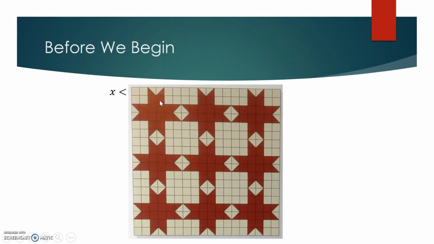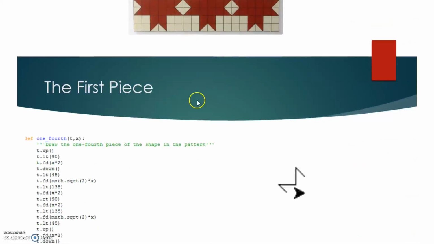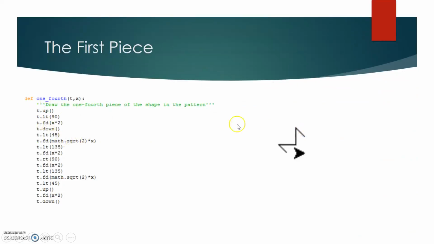This path is square root 2 multiplied by x, and I turn 135 degrees and go forward, and so on. I complete it using this code and draw the one for the pattern, using the calculations mostly.